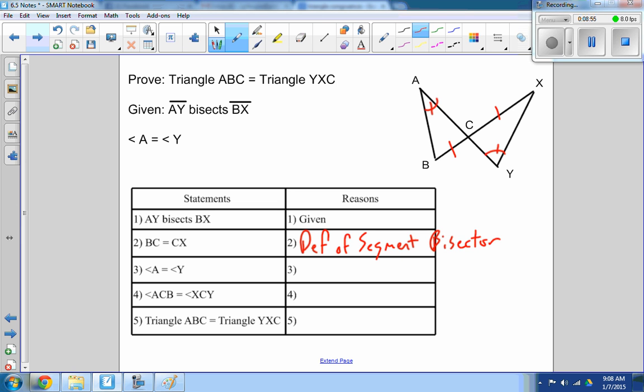You can see BC should be congruent to CX. Angle A is equal to angle Y. That one was given. So angle ACB is equal to angle XCY. So those two angles are congruent. Well, those are vertical angles.